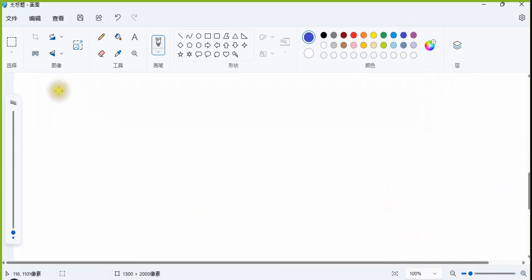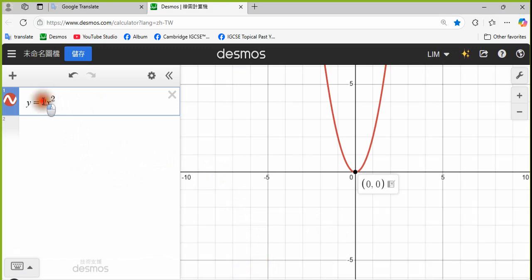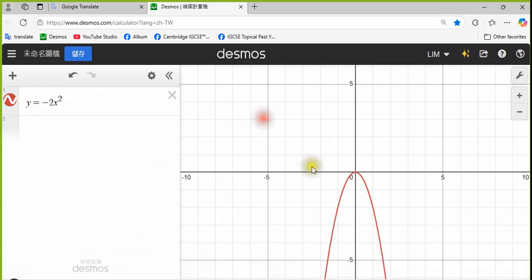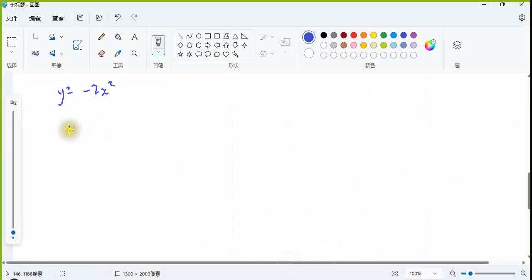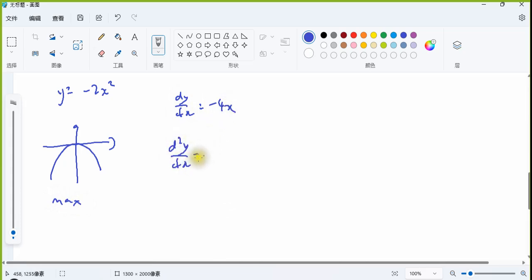Okay, let's say we have y equal to negative 2x squared. This one has a negative here, so the graph will look like this, and we have a maximum point. So dy/dx is negative 4x, and the second derivative is negative 4.